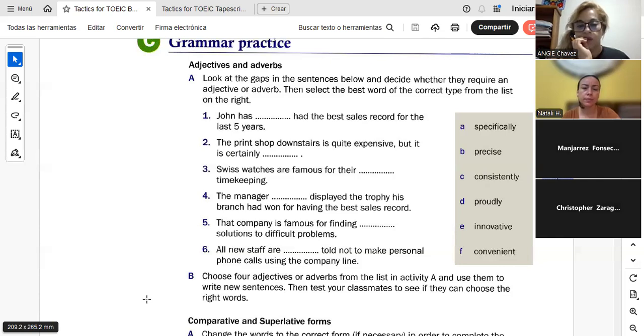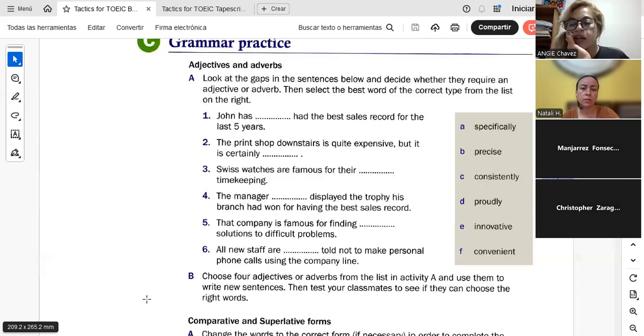Then convenient. The print shop downstairs is quite expensive, but it is certainly convenient. Convenient referring to the price, no? Of course. Remember that this adjective refers to the price. Correct.